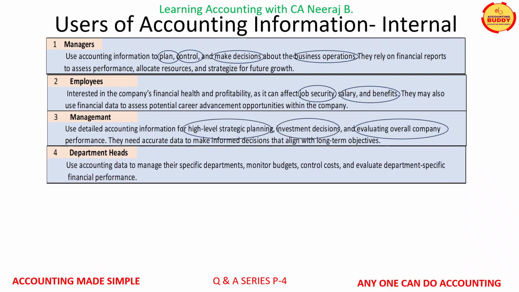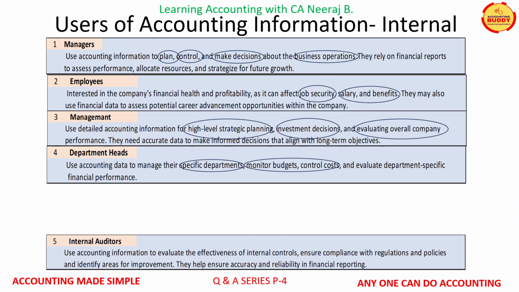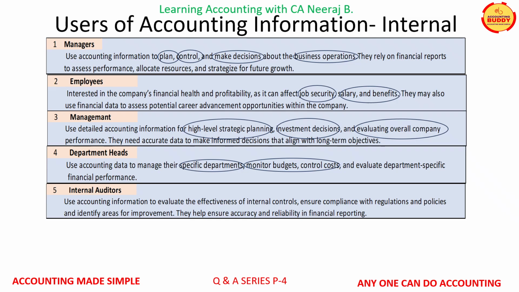Next is departmental heads. Each of the functional head uses the financial information related to their department to monitor their department's budget or revenue or cost. Internal auditors. Internal auditors rely on accounting information to evaluate effectiveness of internal controls.